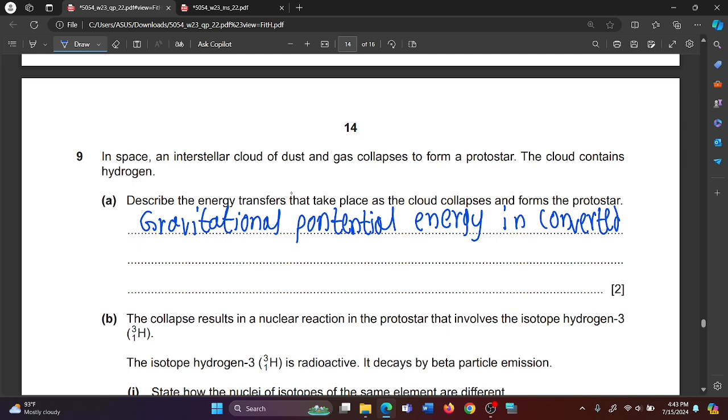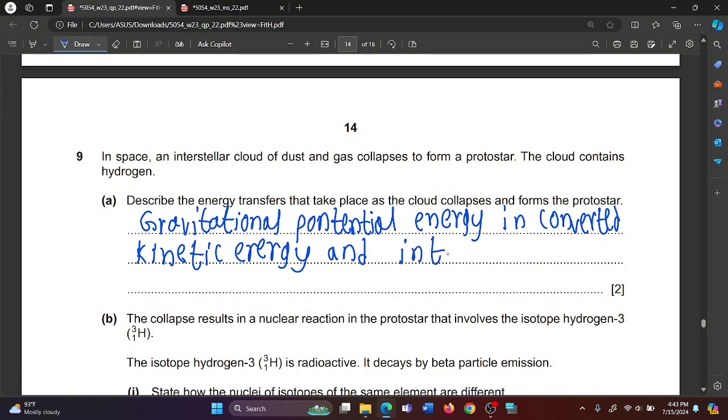So we say that gravitational potential energy is converted to kinetic energy. Also, there is high temperature at the core. Thus, we can say kinetic energy and internal energy.